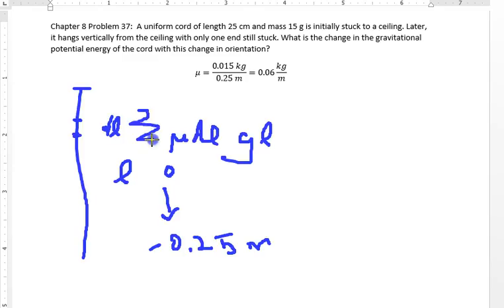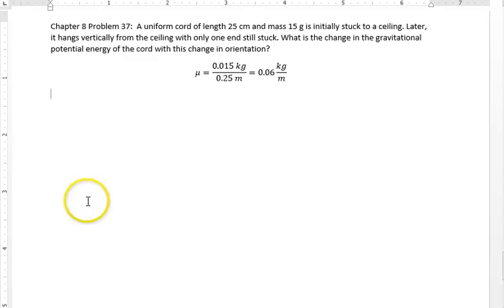And now we want to sum all of these up, which really means just doing an integral. Okay, so we have our little mu dl is our mass, right? So I'll write this as a little dm, little differential piece of mass is mu dl. And so a little bitty piece of potential energy is mu times g times L times dl.